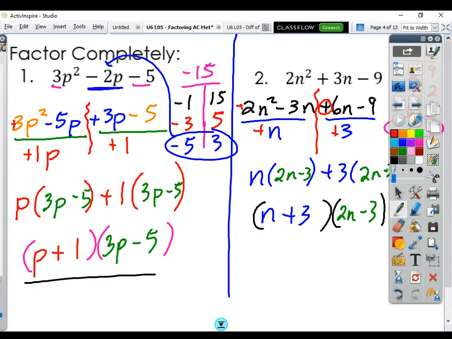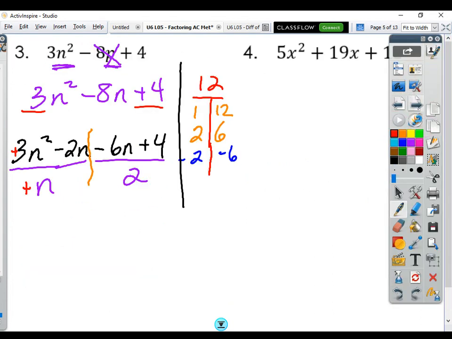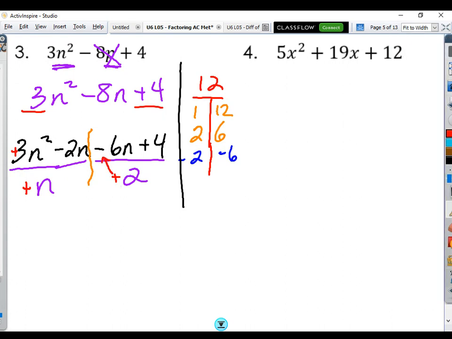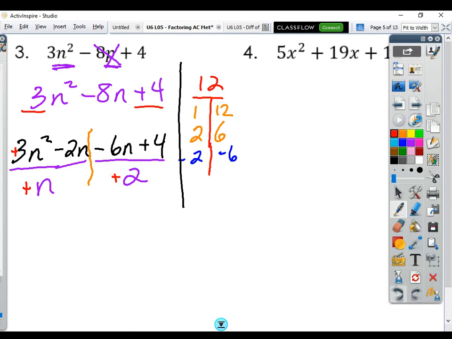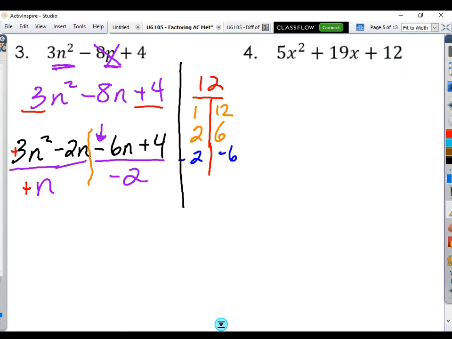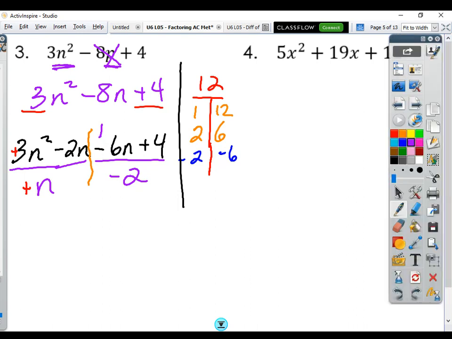So if those are all following that, then this can't just be a 2. This can't be a positive 2 because it's got to follow the line leader. So it's not a positive 2, it's a negative 2. All right, it's got to follow the line leader. So in this case, this is a negative 6, so it's got to be a negative 2. So be careful of that. That's a big mistake that students make.